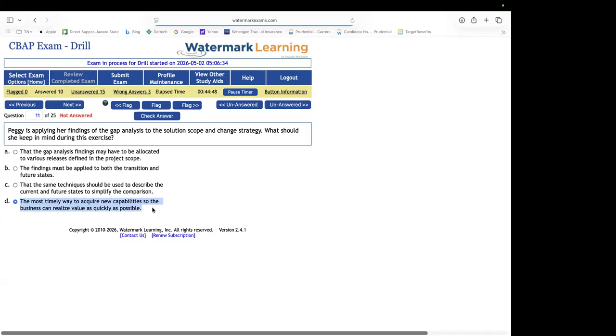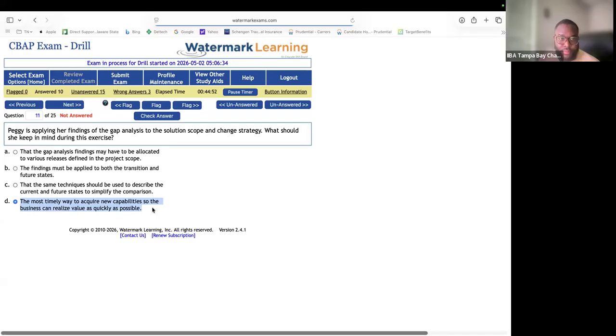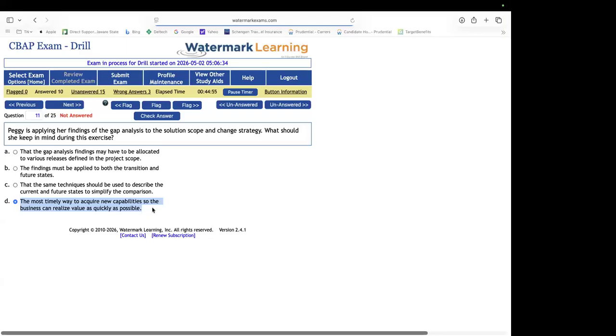I'm a little bit confused with this question, to be honest, because gap analysis is a technique done to compare the current and future state. I'm just not understanding.